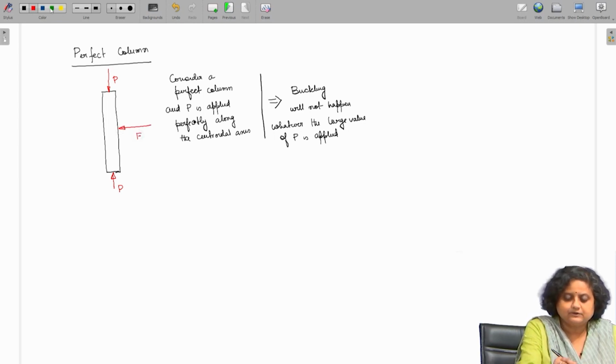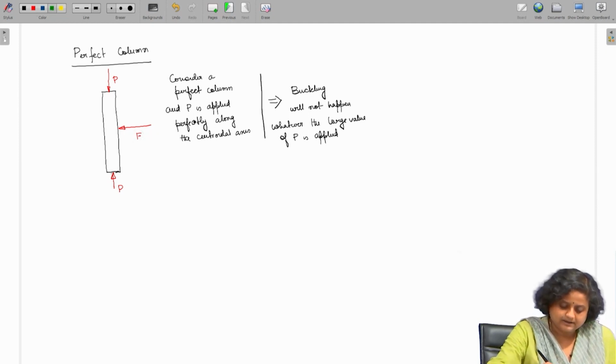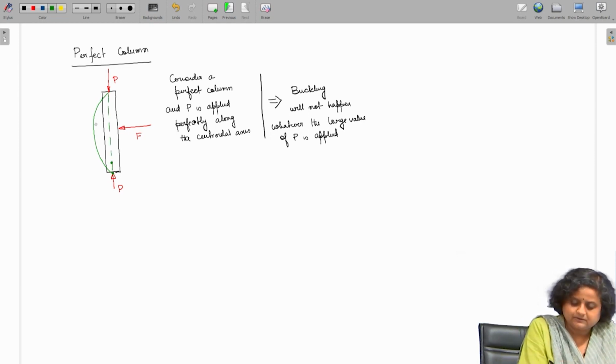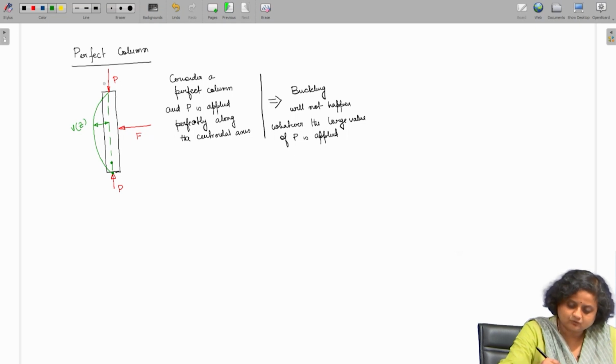and because of this lateral load, the column will deform laterally, and since the load is small, let us assume this deformation V Z, Z being the lengthwise axis.